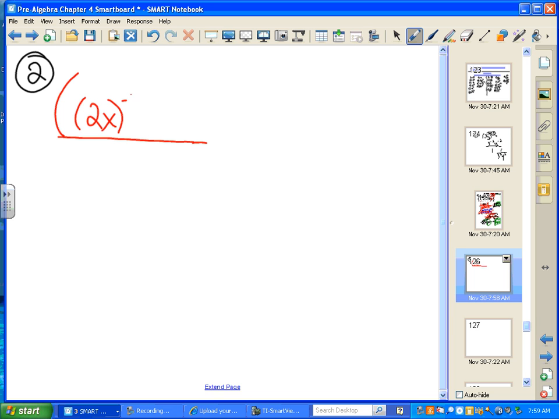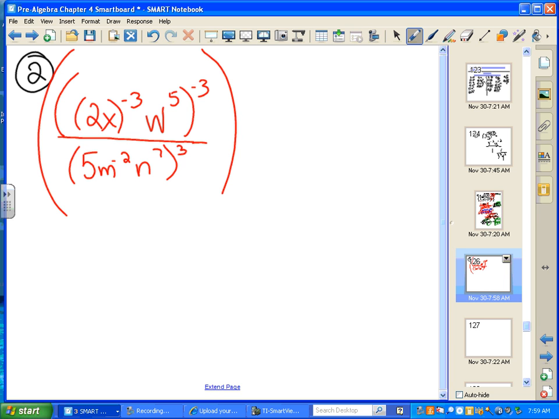2x to the negative third, w to the fifth, medium parentheses to the negative third, denominator, 5m to the negative second, n to the seventh, all to the third, big parentheses to the fourth, times fraction bar. I could even do divided by.